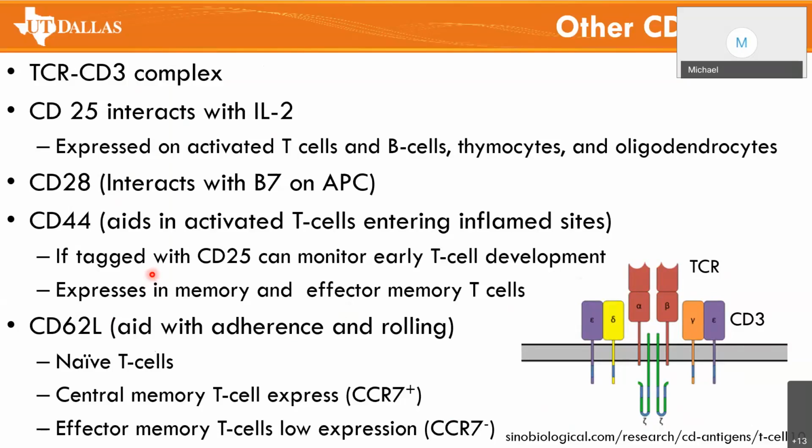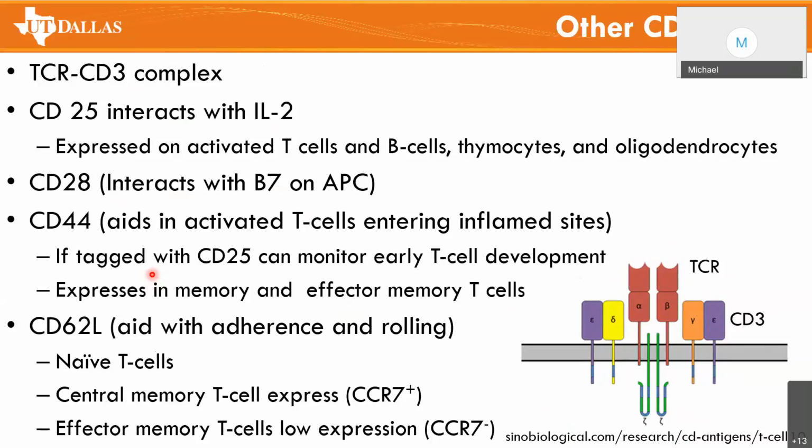Your precursor T cells will be CD44 positive, CD25 negative, CD8 negative, and CD4 negative. Once it enters the thymus, it will then be CD44 negative, CD25 positive, and still CD8 negative and CD4 negative. Once it gets to the selection process of the thymus, it becomes CD44 negative, CD25 positive, and CD8 positive and CD4 positive.